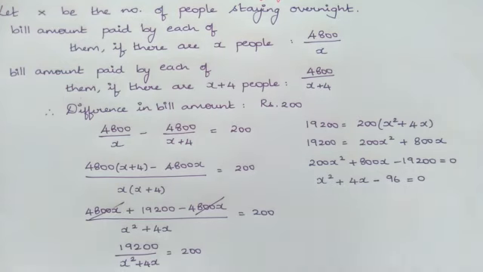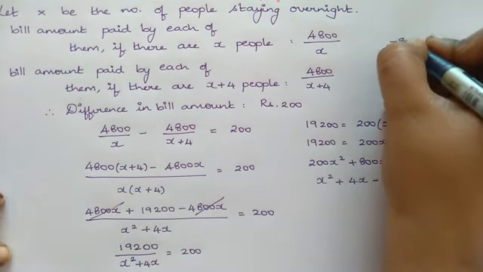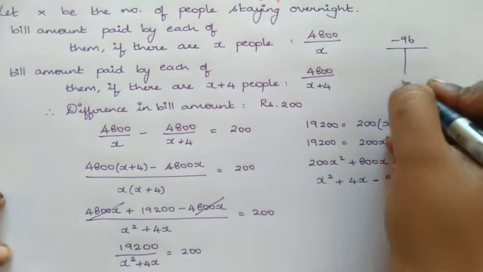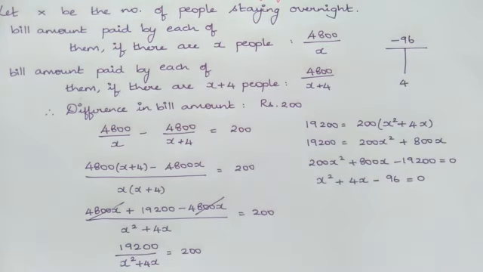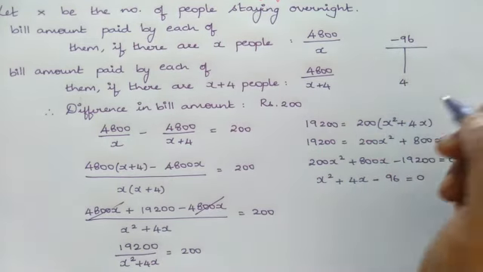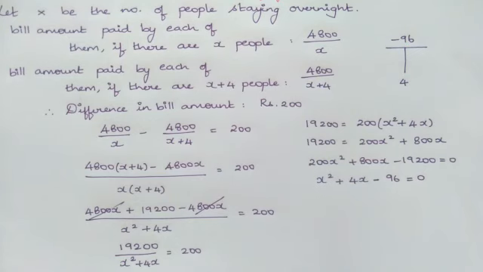Now let's factorize this quadratic equation. We need to have minus 96 as the product of two terms and 4 as the sum of two terms. Let's check which two numbers we have to take. The product of the two integers should be minus 96 and the sum should be 4.